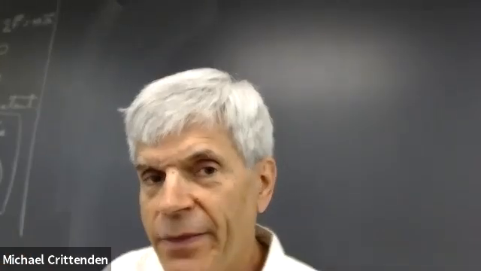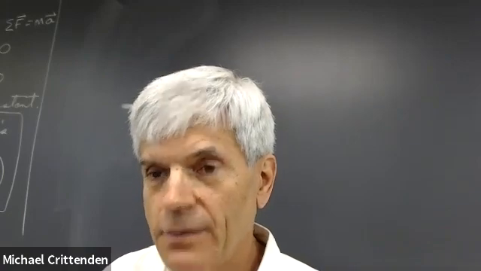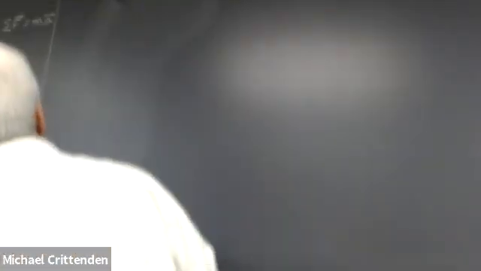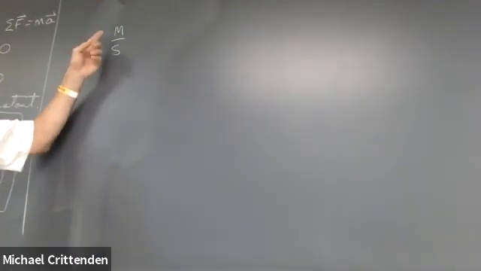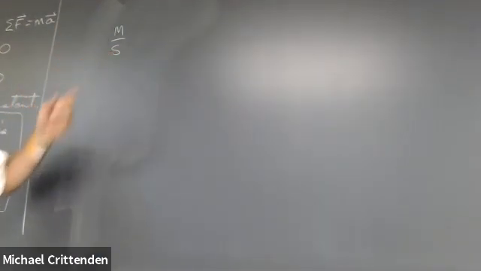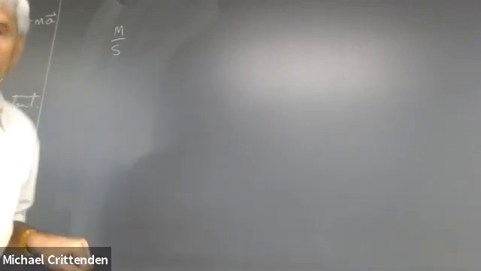Rather than something like that, where you're defining the unit with some kind of experiment, instead, our unit for speed, or velocity, is defined in terms of other units. Same thing with a unit for acceleration.